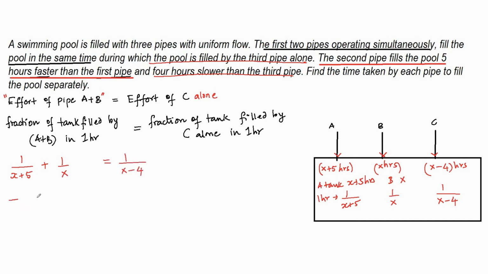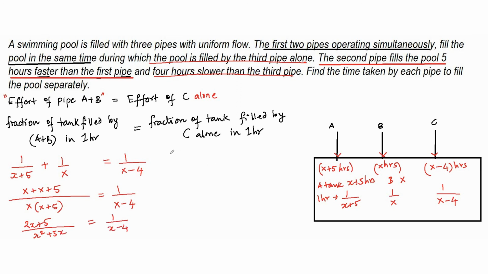Now again I can find the LCM of the denominator. It is X into X plus 5, and the numerator is X plus X plus 5, and therefore 2X plus 5 divided by X square plus 5X is equal to 1 by X minus 4.